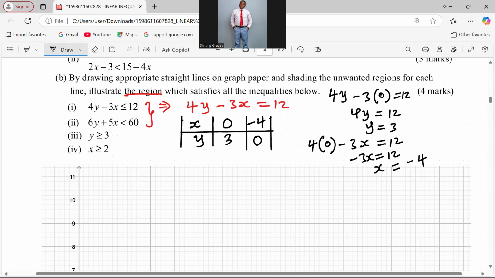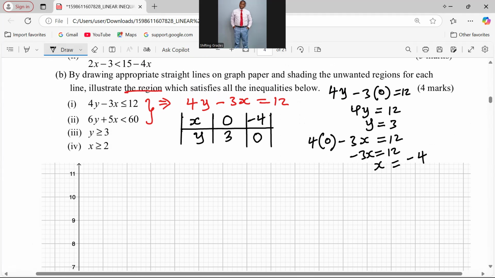Now that it is not accommodating negative 4, we will definitely have to choose another coordinate, because a scale is supposed to be accommodative. Therefore, it is me now to play with these till I get values which will be accommodated to this scale provided. So I have to pick another coordinate.